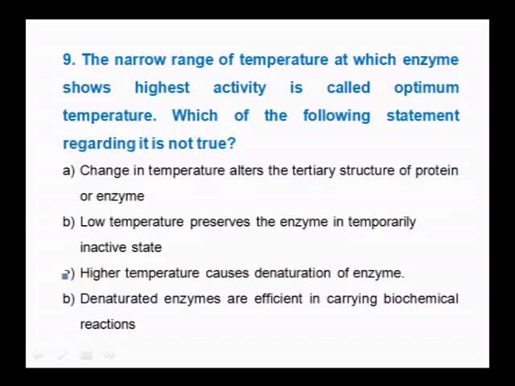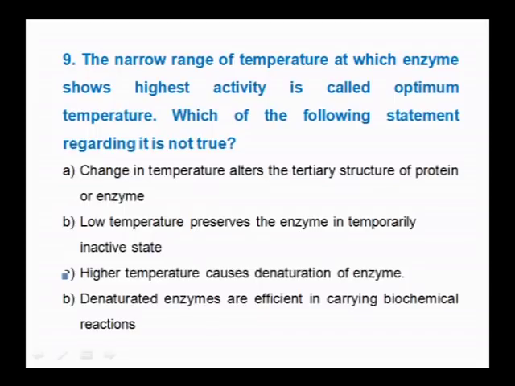C, higher temperature causes denaturation of enzyme, and option D, denaturated enzymes are efficient in carrying biochemical reactions. So the options are A, B, C, D, out of which we can identify this.